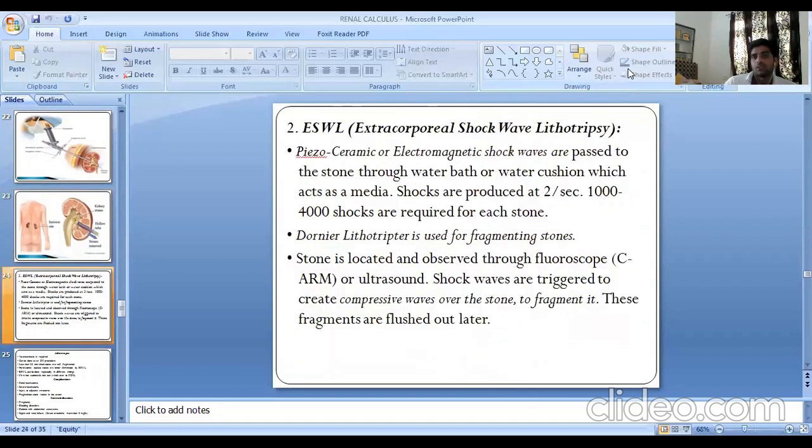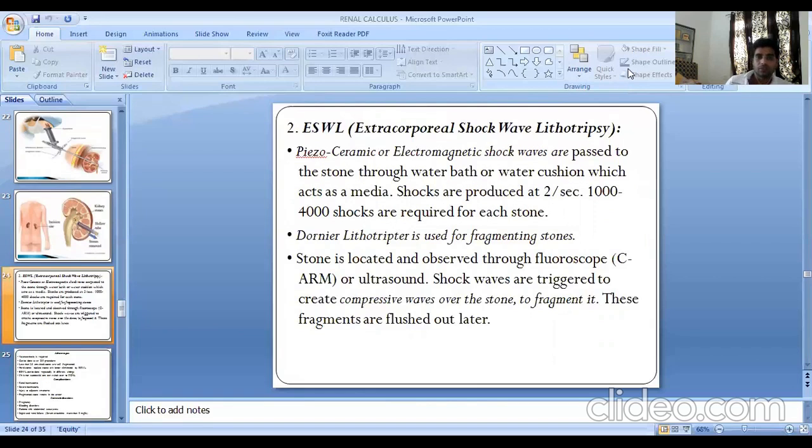ESWL, extracorporeal shock wave lithotripsy, is a very important part for exam purposes. Piezoceramic electromagnetic shock waves are passed to the stones through a water bath or water cushion, which acts as a medium. Shocks are produced at 2 per second. 4,000 shocks are required for each stone.